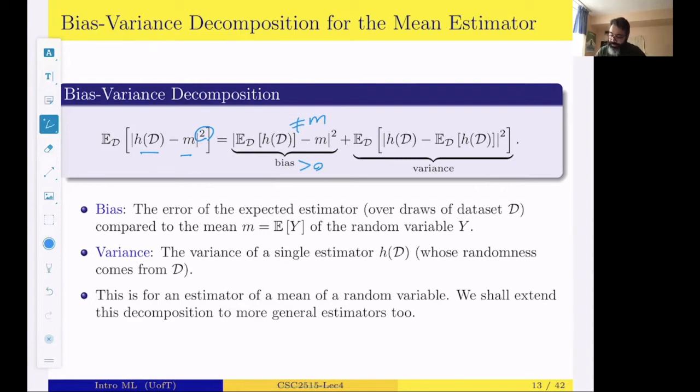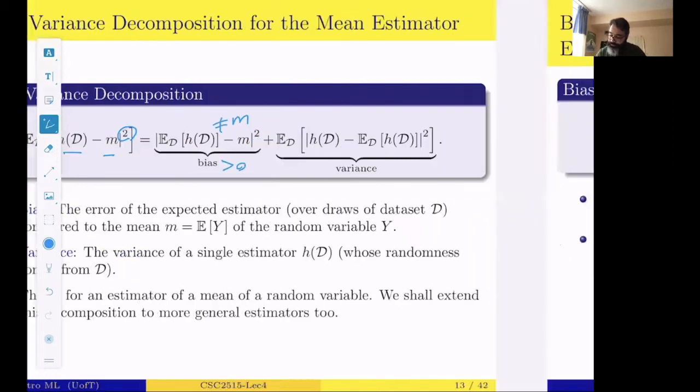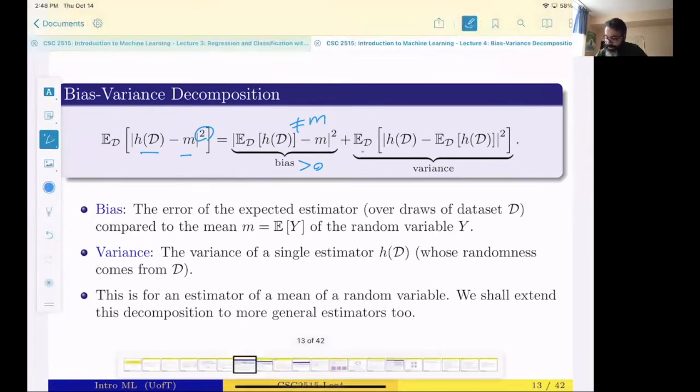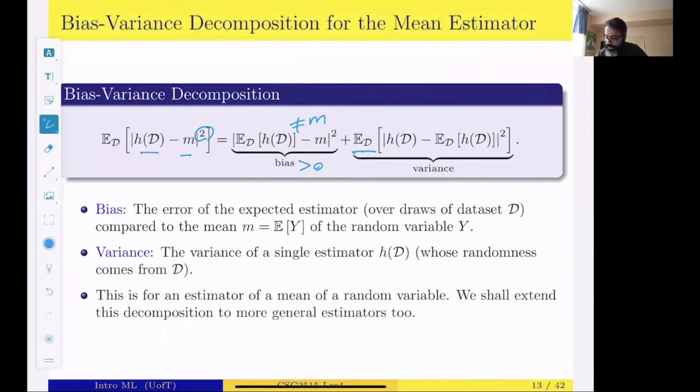And the second term is the variance of our estimator. You can see that the second term is the expectation of h_D minus the expectation of h_D, the whole thing squared, and then we take the expectation with respect to the data set. This is variance.